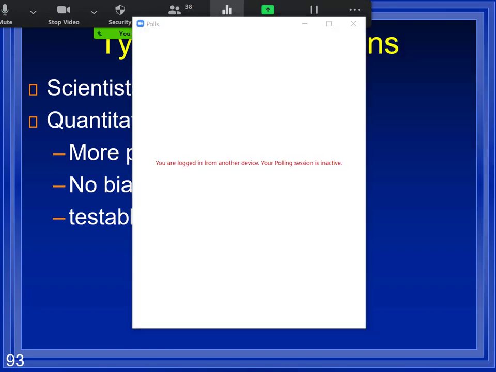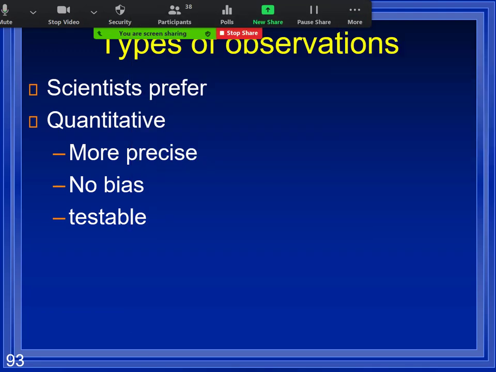It doesn't work. It's really bizarre. It worked last period. It doesn't work on this one. Huh. I can't do it here. All right. We'll have to do it the hard way.